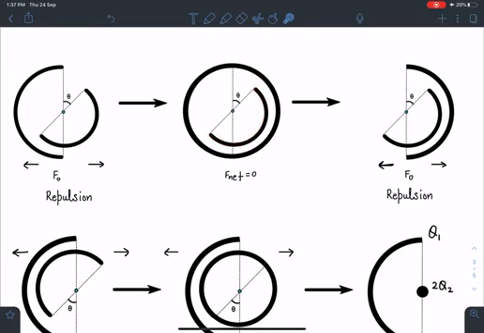So I can say here that net force in this orientation between these two in this system is going to be 0.